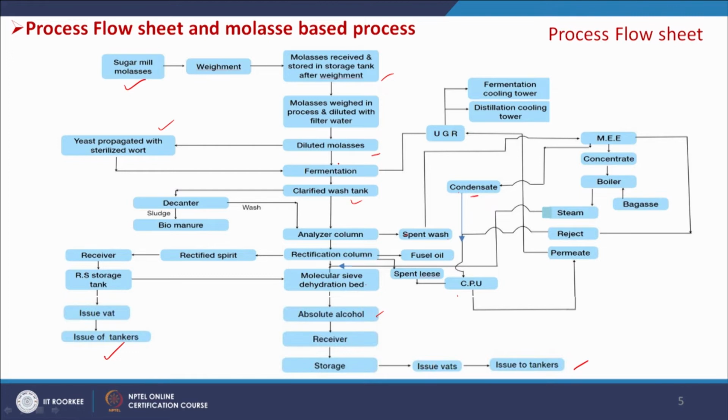So, this is the overall flow sheet of the production of distillery, and we see the wastewater generation is taking place here, we have to take care about it, and then spent lees. So, that spent lees also, and other rejects and your boiler blow down, those are the basic wastewater sources in this type of industry.